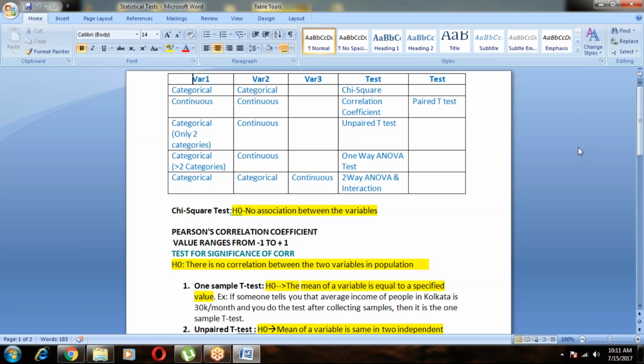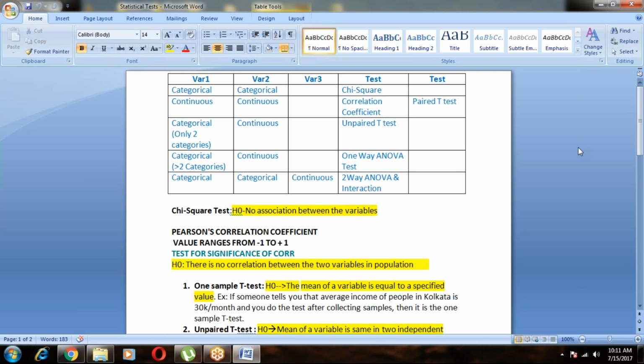That's why region is categorical data and gender is also categorical. So what do we apply here to know whether they are related or not? The chi-square test. The chi-square test is mainly used when we have two categorical variables and want to know whether they are related to each other.